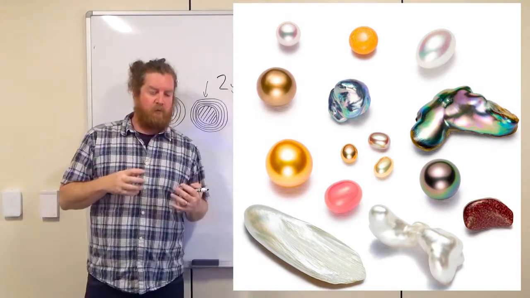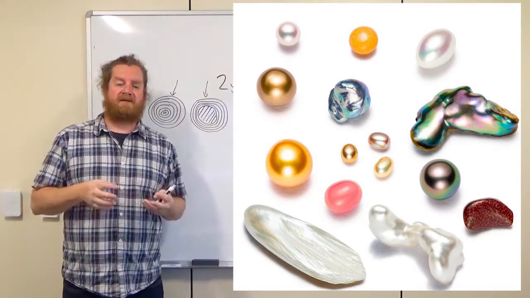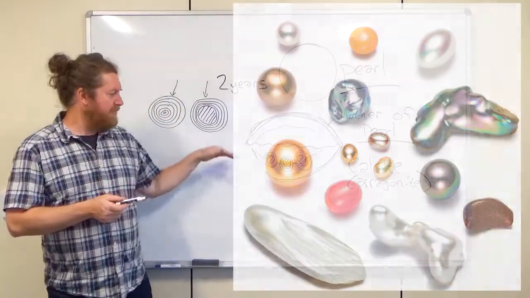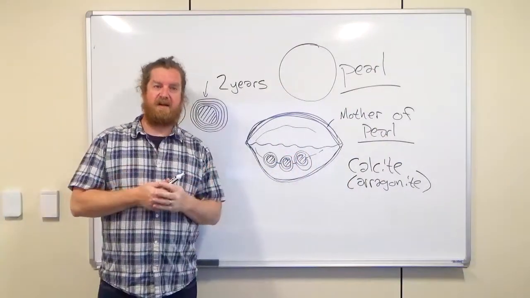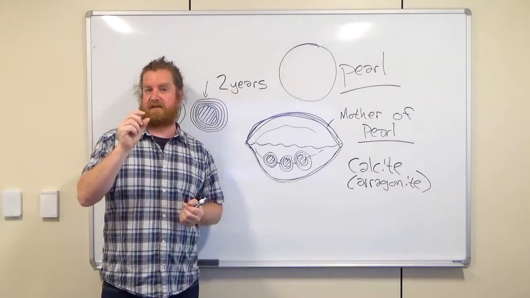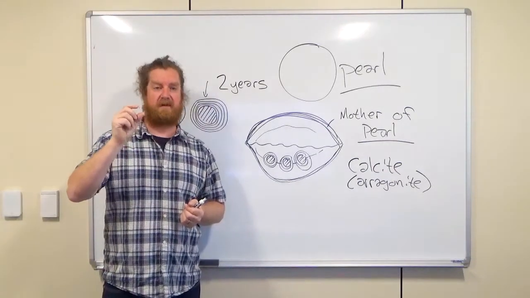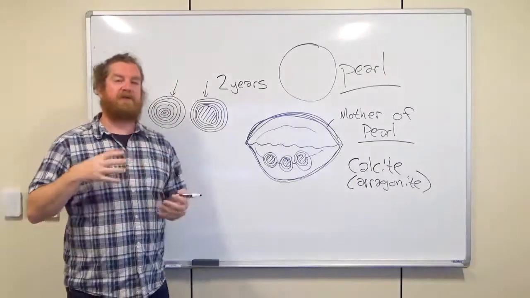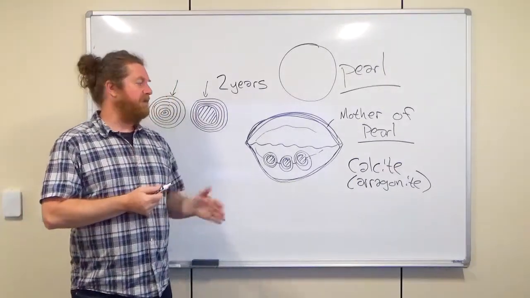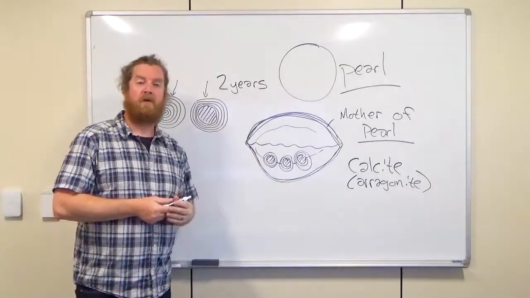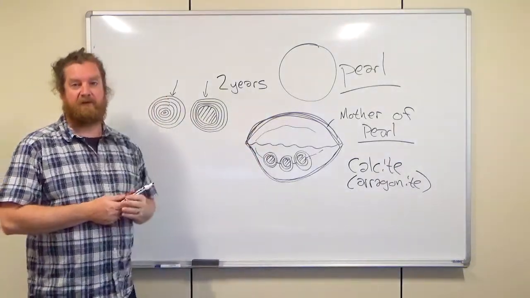There's also pearls that have grown naturally that are really strange shapes, right? So maybe the irritant was a different shape, or you could even do this artificially, a seed or a bead to start the pearl that's a different shape, that's elongate like a grain of rice or something. And so you can make pearls that are strange shapes. But again, you can make them artificially in the cultured pearl world, or you could find those naturally occurring.